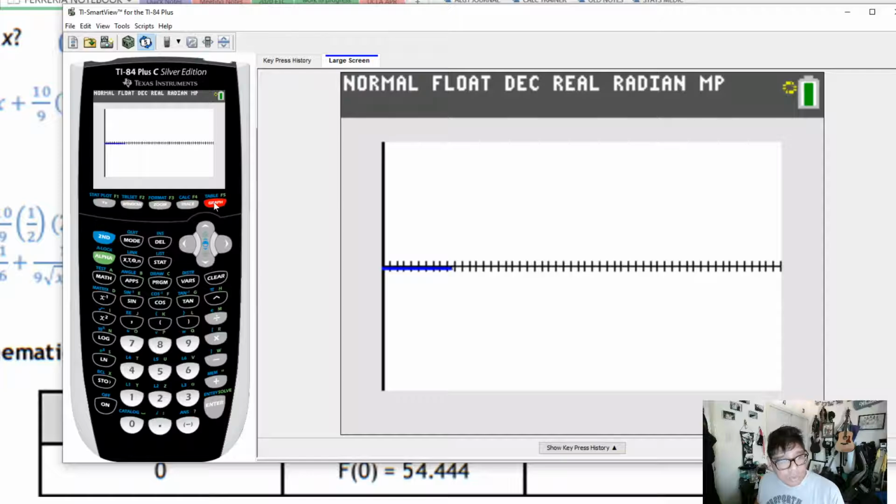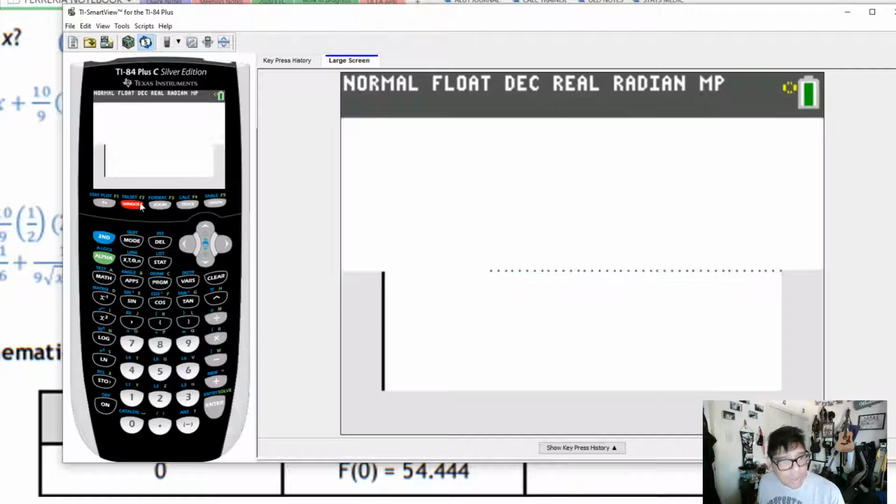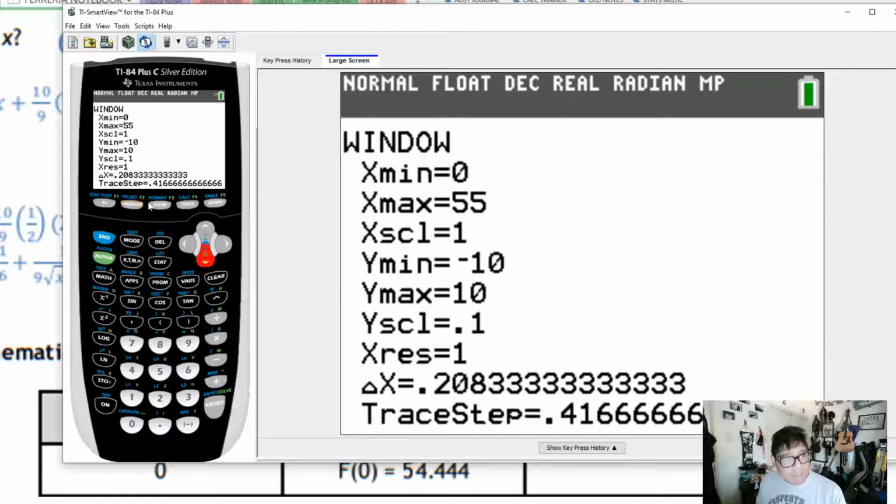And let's see. Ooh, well, that's kind of hard to see because that derivative is sticking close to the x-axis. So what that says to me is I need to decrease this window a little bit. Instead of -10 to 10, perhaps -1 to +1 will help me, will exaggerate that vertically.